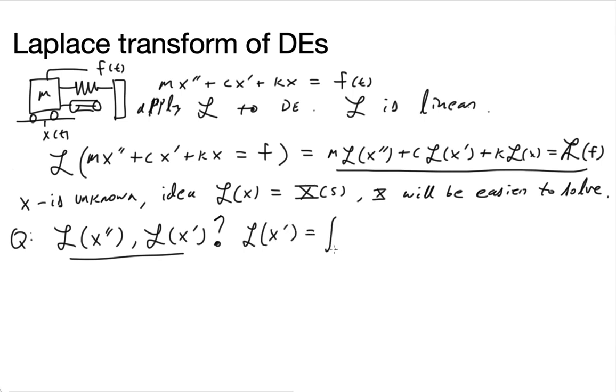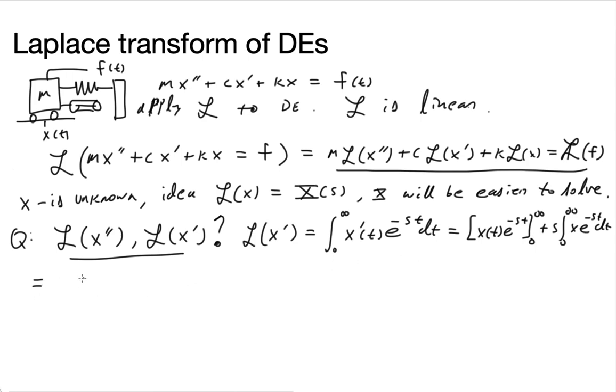It's going to be the integral from 0 to infinity of x prime of t e to the negative s times t dt. And we can take the antiderivative. We can use integration by parts. So we have x of t e to the negative st evaluated from 0 to infinity plus s times the integral from 0 to infinity of x e to the negative st dt.